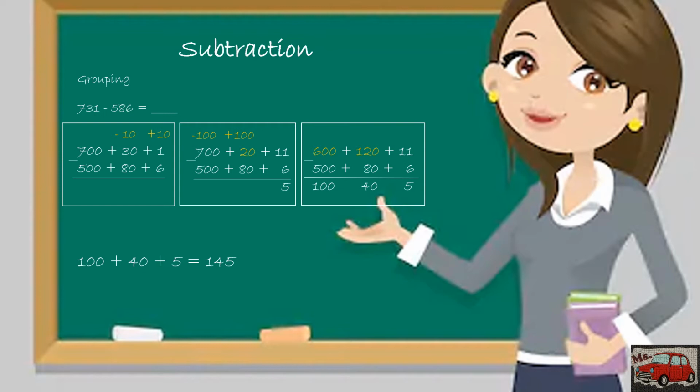So, 120, babawasan ko ng 80, meron akong 40. Then, let's subtract the hundreds place. Yung 600, babawasan ko ng 500, then I have 100. So, kapag pinagsama ko yung sagot o yung value nila, I have 145.